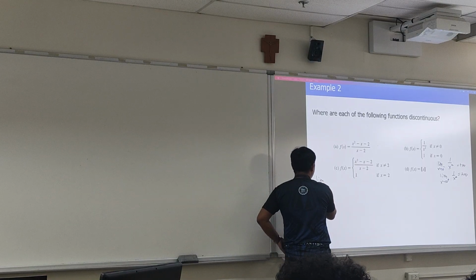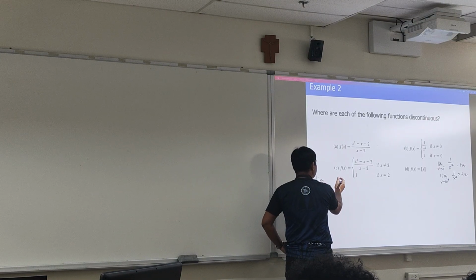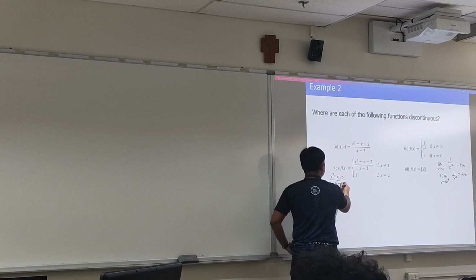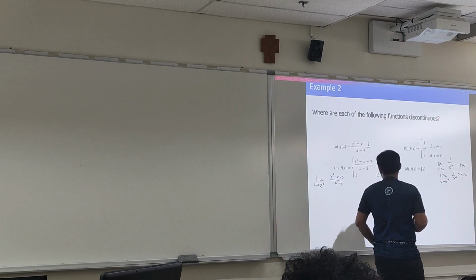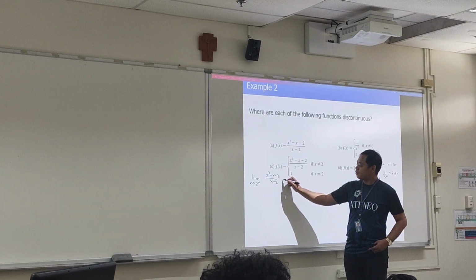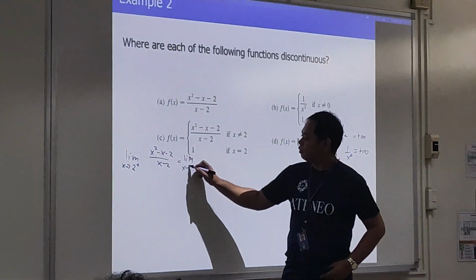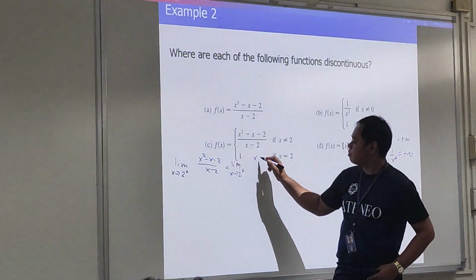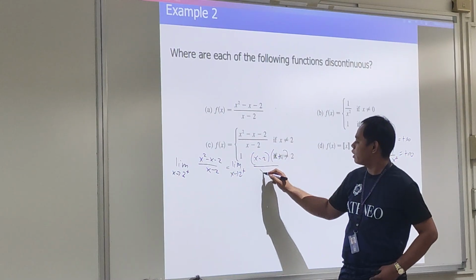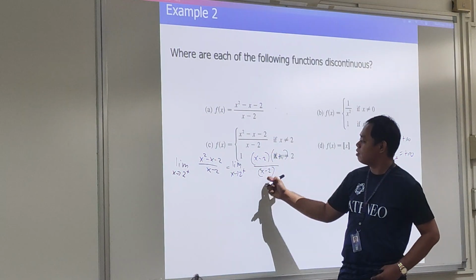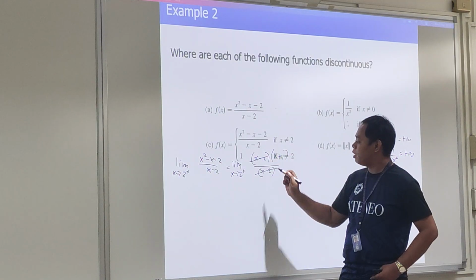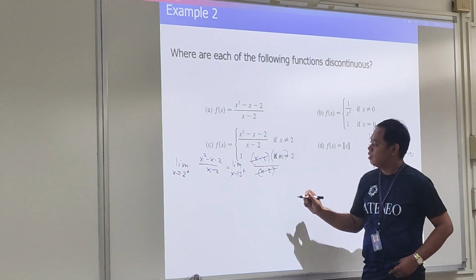From the right hand side, the limit of x squared minus x minus 2 over x minus 2. So you need to factor out your numerator. What are the factors of your numerator? That's x minus 2 times x plus 1 over x minus 2. As you can see, there are common terms in the numerator and denominator, so we can cancel them out.